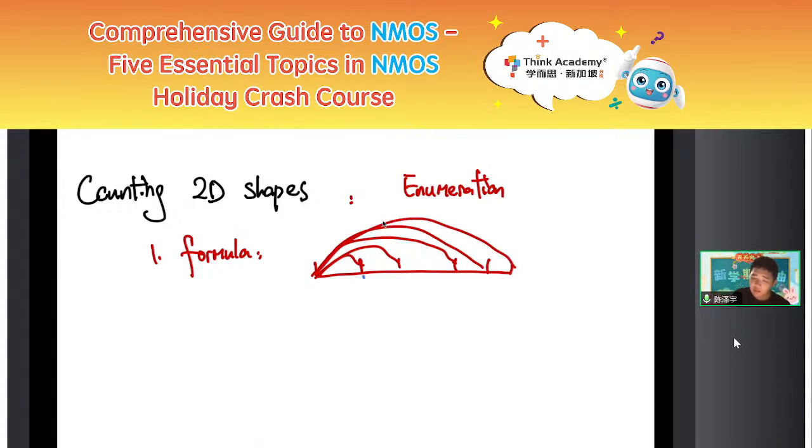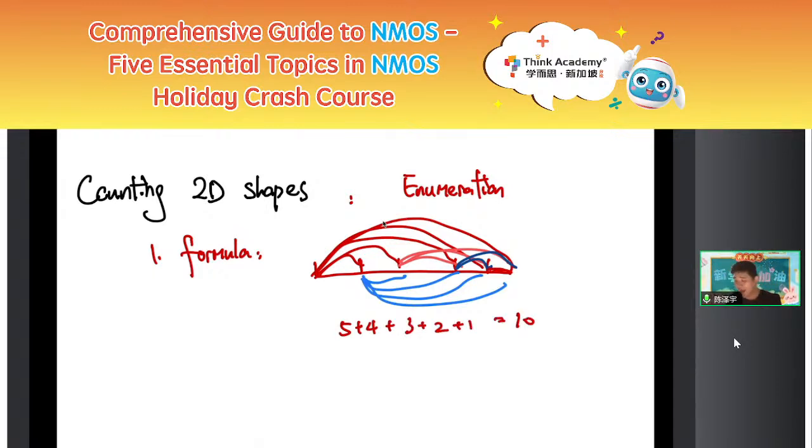And then move on: one, two, three, four. And then one, two, three. And then finally, one, two. And then in the end, the last one. So in total, we have 5 plus 4 plus 3 plus 2 plus 1, which equals 10 different line segments.